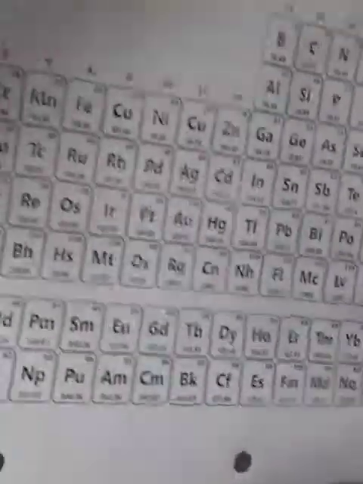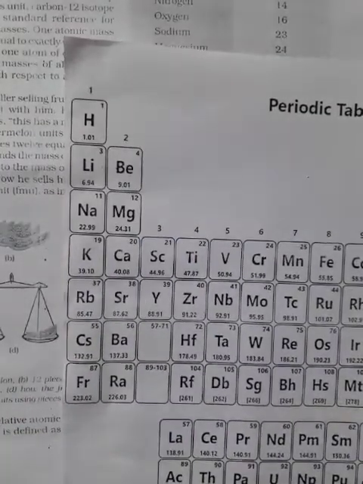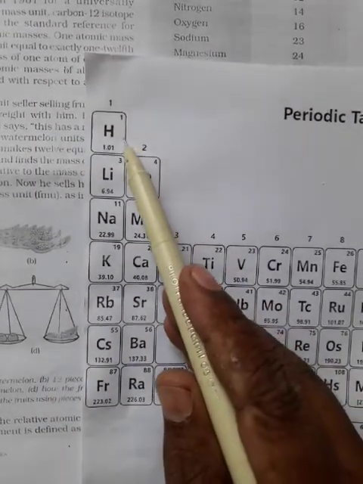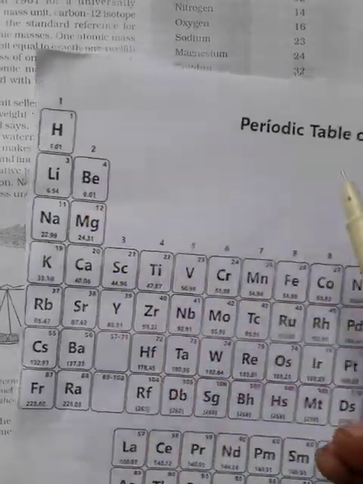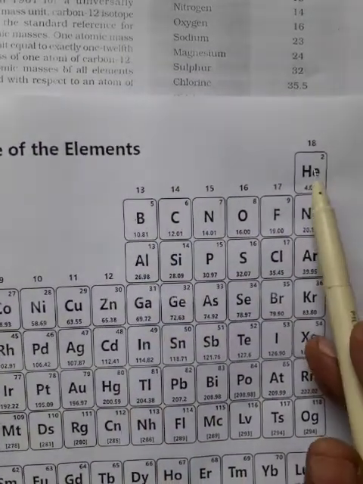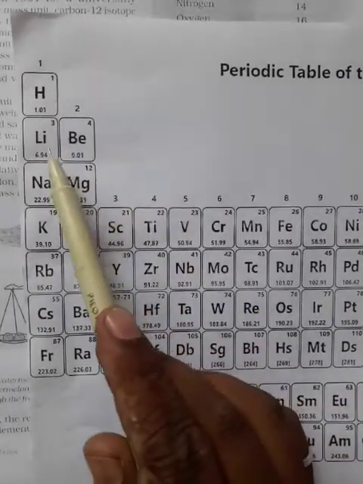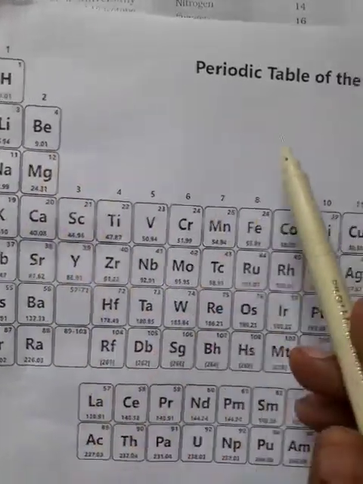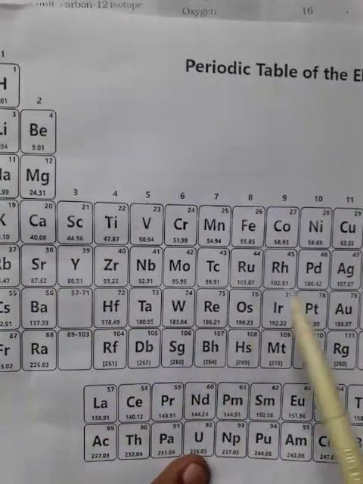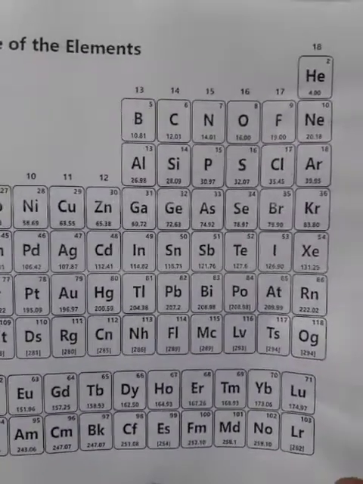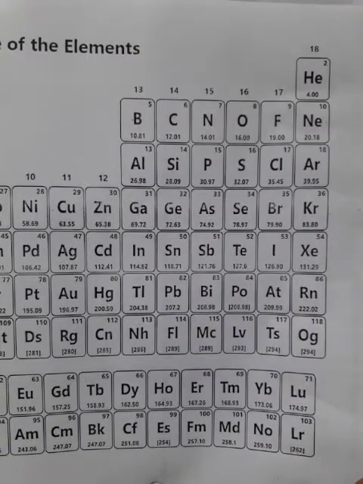So let's have a look at a periodic table. As for example, hydrogen has an atomic number of 1, so it is placed first, then helium 2, then lithium, barium. So other elements have been placed according to the atomic number. So this is the periodic table.